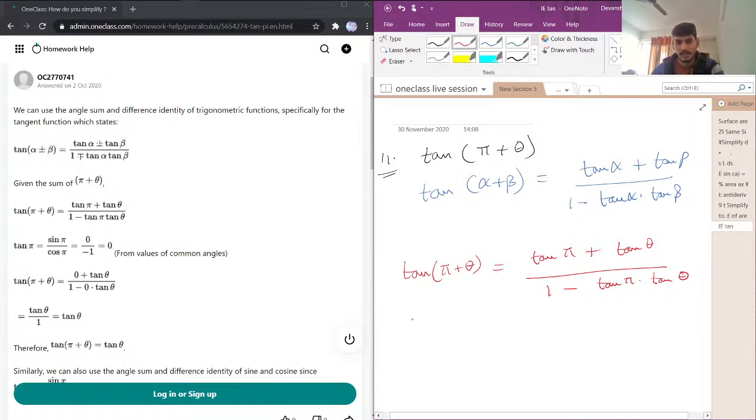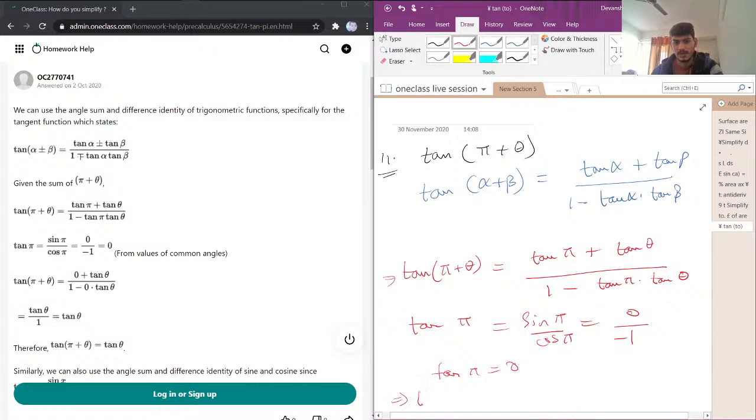Now tangent of pi is sine pi over cosine of pi. Sine pi is 0 and cosine pi is -1, so tangent of pi is basically 0. We put the value of tangent of pi in this equation.